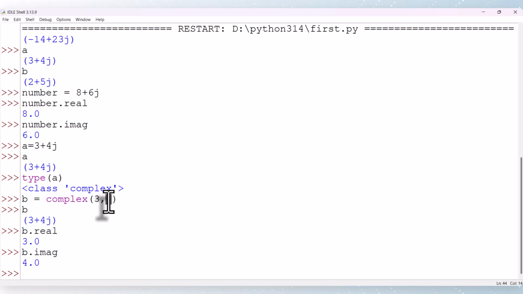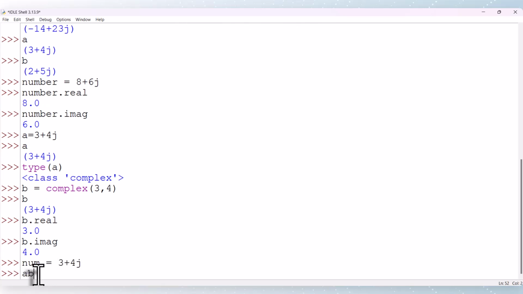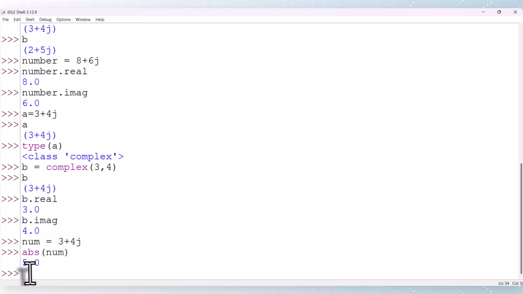Okay, so you can also print the magnitude, the absolute value here. You can print the absolute value using the abs function. For example, num equal to 3 plus 4j. You can print abs of num. You can see the value is 5.0.